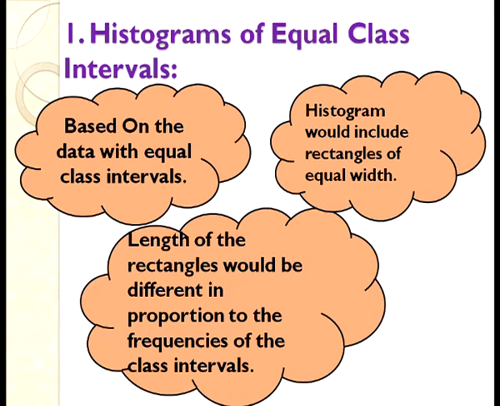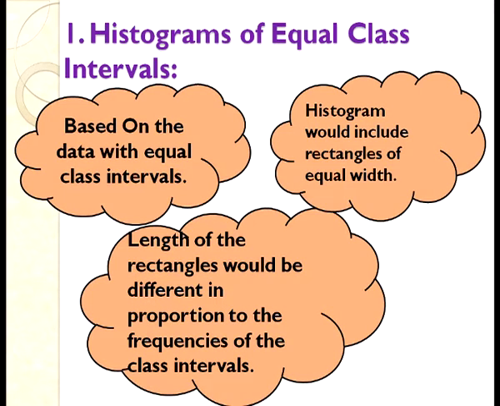Once we know about histogram, we are going to draw histograms in the following two cases. Let's discuss the very first. When we talk about histogram in case of equal class intervals, what are the key points one should keep in mind? Very first, the data is at equal class intervals.